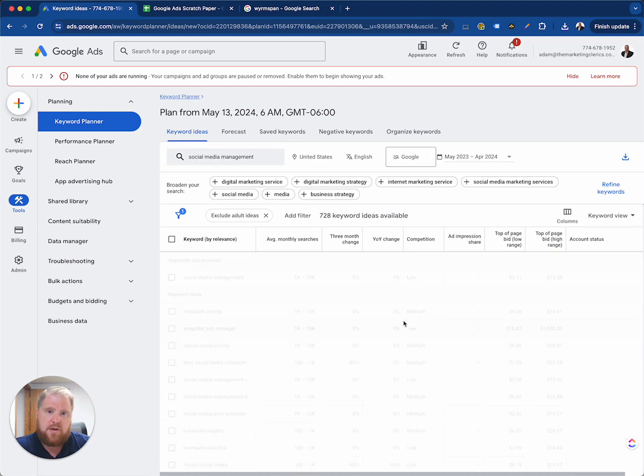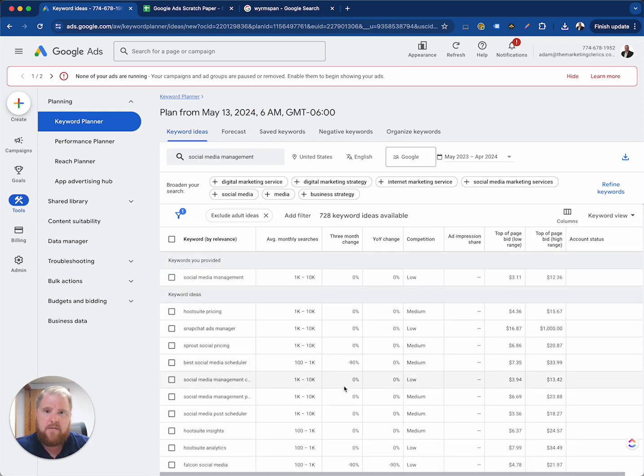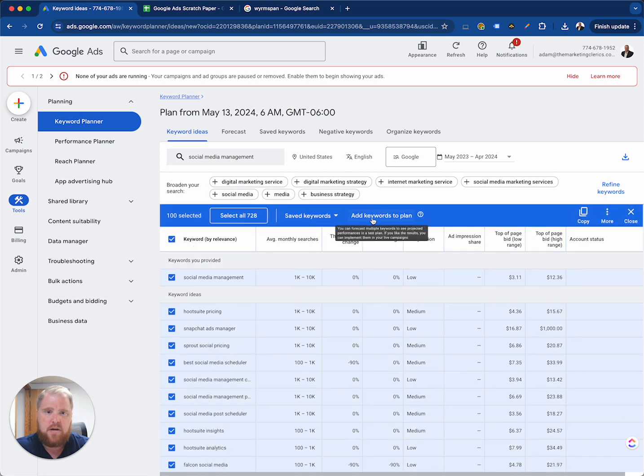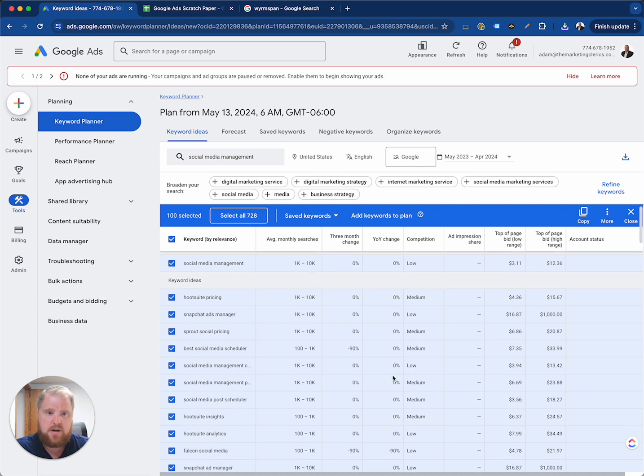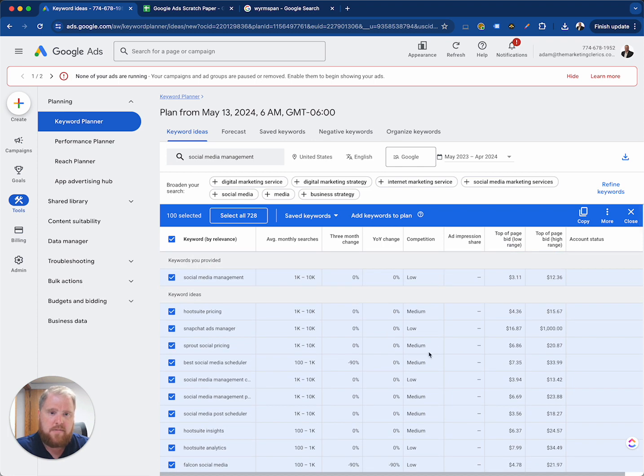So if I search for social media management in my keyword ideas planner, and I look at our average cost here, let me just pull this out here. Let's see. So basically I'm seeing $3 to $12 per click, 1,000 to 10,000 average monthly searches, low competition.